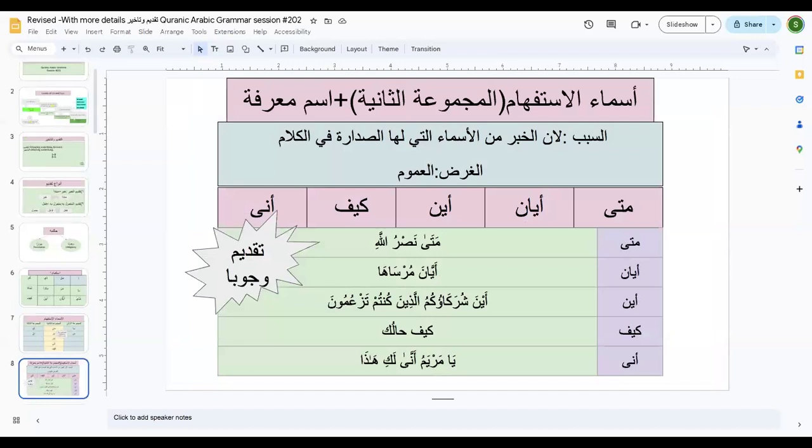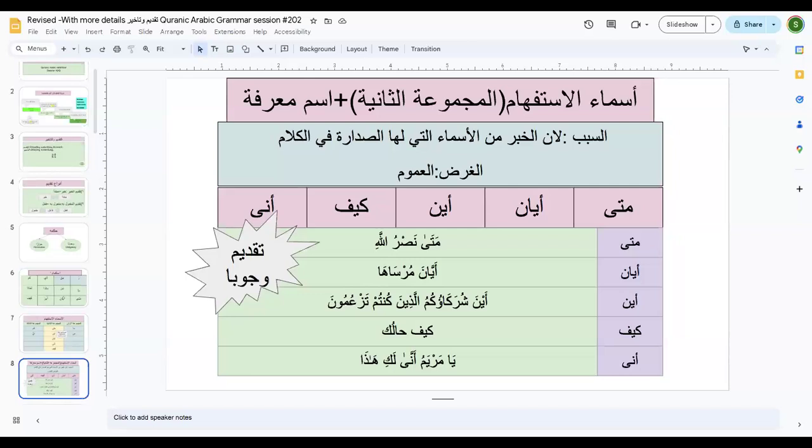I hope you all have understood this clearly, and nobody has any confusion about that, right? Are we all good? If I am going to see ism istifham from the second group, it's going to be in the beginning, right?